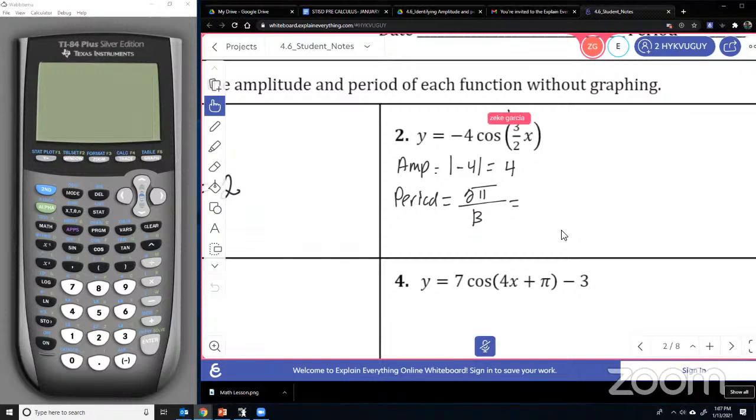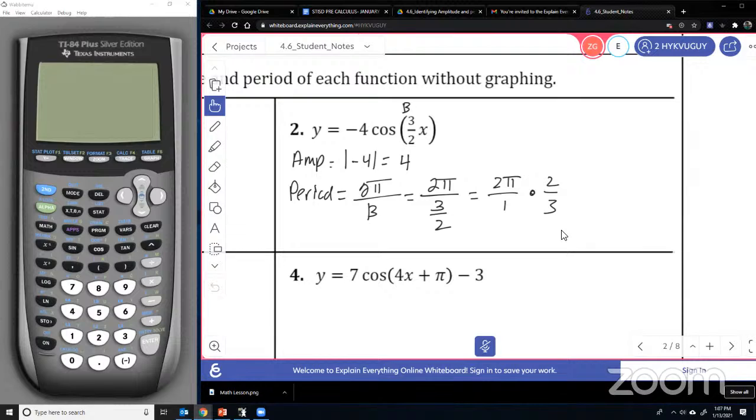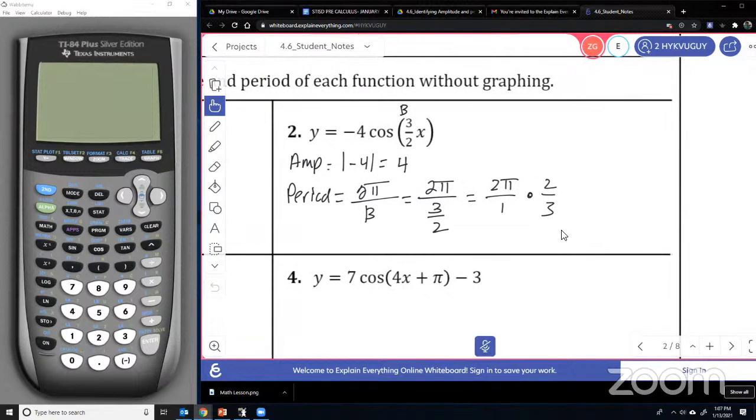In this case, this is b. So we have 2 pi over 3 over 2. And remember, I told you that we're going to have to make sure we understand how to divide fractions. So we have 2 pi over 1 times the reciprocal of 3 over 2, which is 2 over 3. And we noticed that the period was 4 pi over 3.